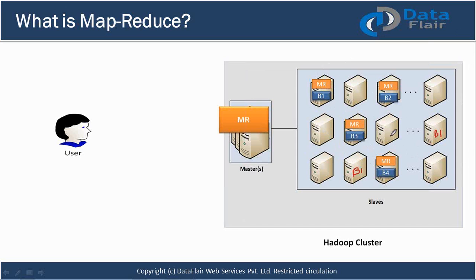Suppose you are having hundreds of machines working together, and here I am having blocks B1, B10, B20, B30, B40, B41, 42. Suppose I am having 50 blocks available here. These 50 blocks will be processed in parallel over all the machines in the cluster. Out of your 5,000 blocks, if just this machine fails, 50 blocks need to be processed again. It doesn't mean that this machine alone is going to process all those 50 blocks.